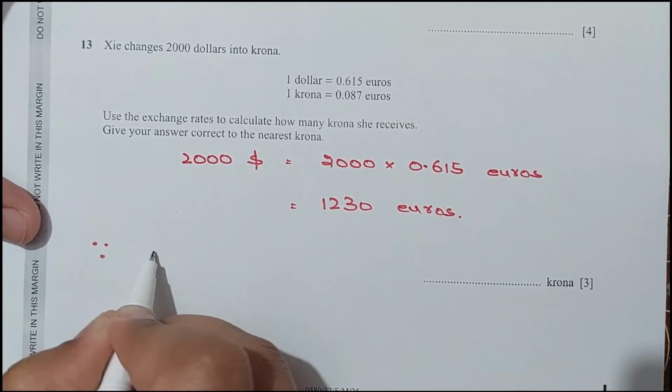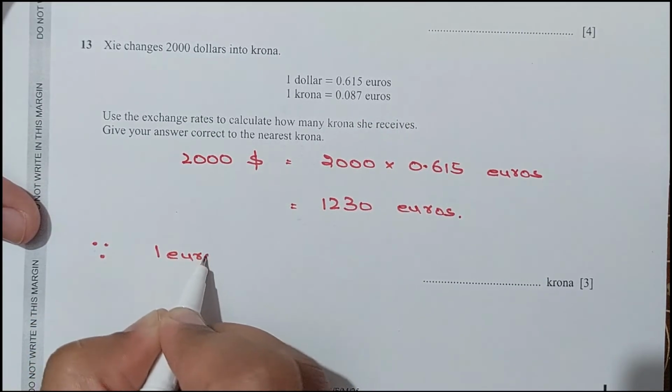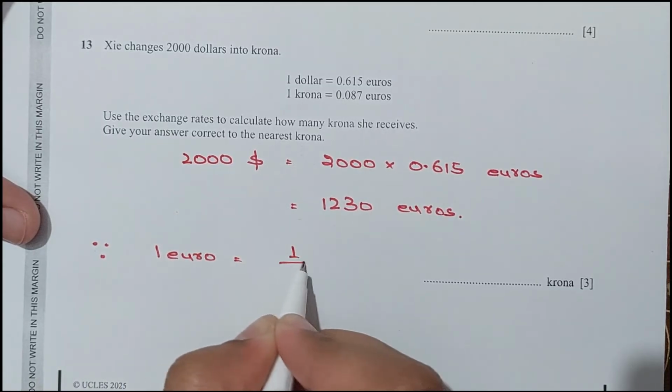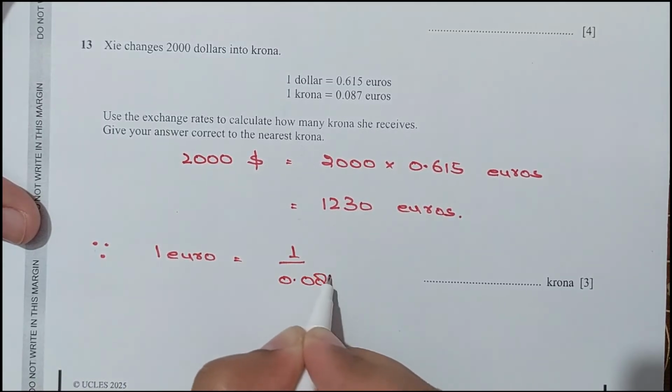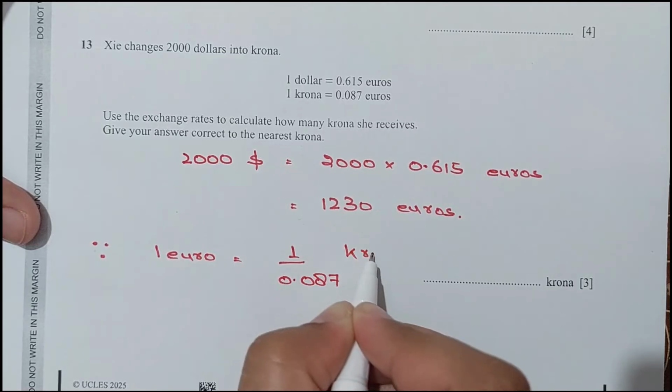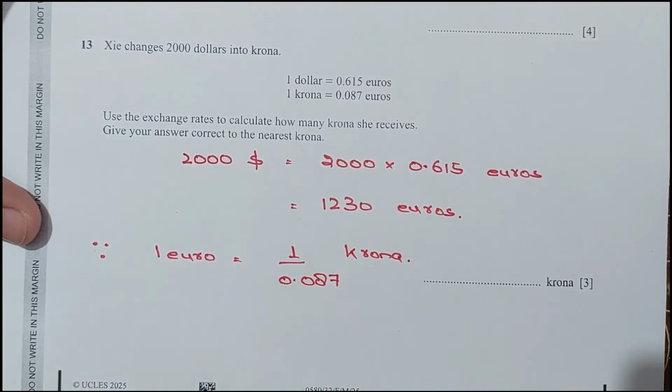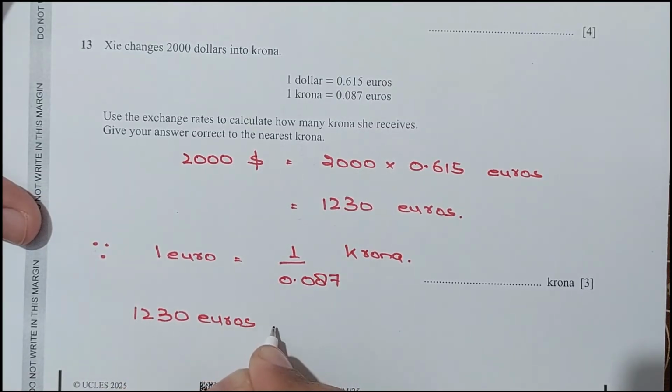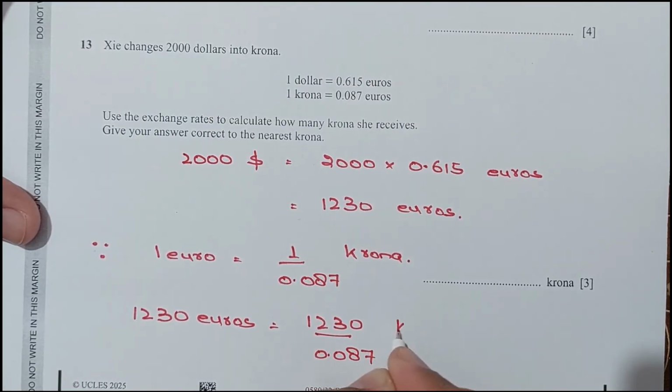By conversion, 1 euro equals 1 over 0.087 krona. So what about 1230 euros? This is 1230 over 0.087 kronas.